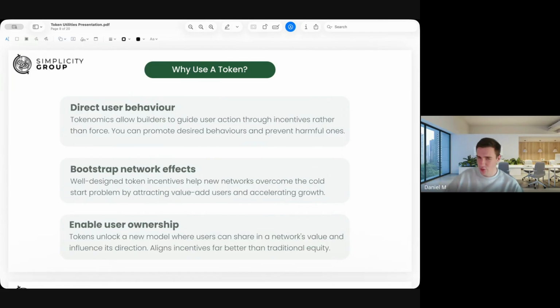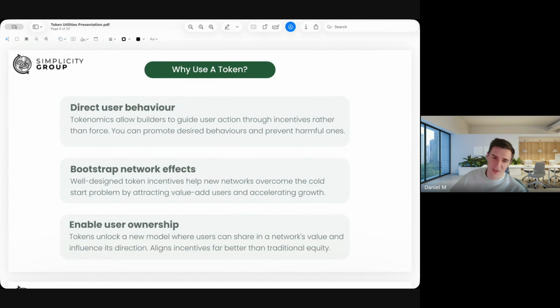This is why so many tokens are given out as rewards, and we will get into this later. But one key thing I want to mention is, if you need to use your token to acquire users and you can't acquire users without your token, it's a failed business. The token shouldn't be the core reason why you're acquiring users. It should be an additional benefit or an additional GTM to actually help acquire those users.